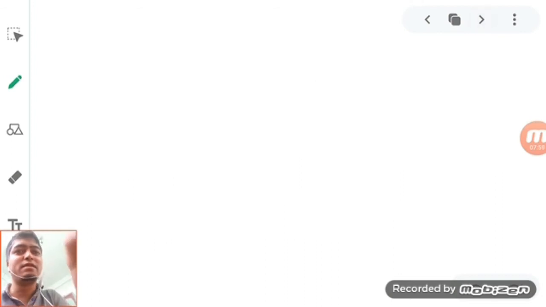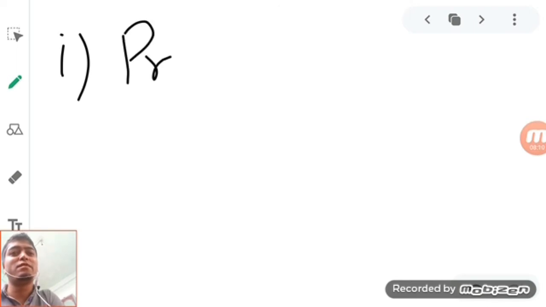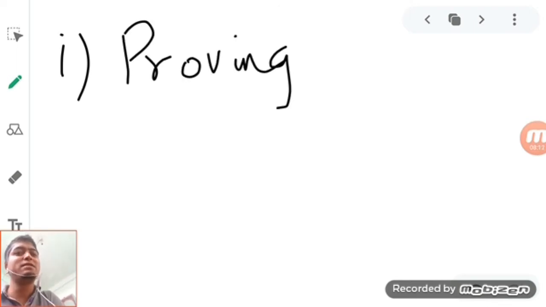Okay, so the proof will consist of two parts. The first part is proving that it is a subgroup, and the second part is proving the normal condition. Again, if you are comfortable, you can easily remove some of the lines which you may not require.